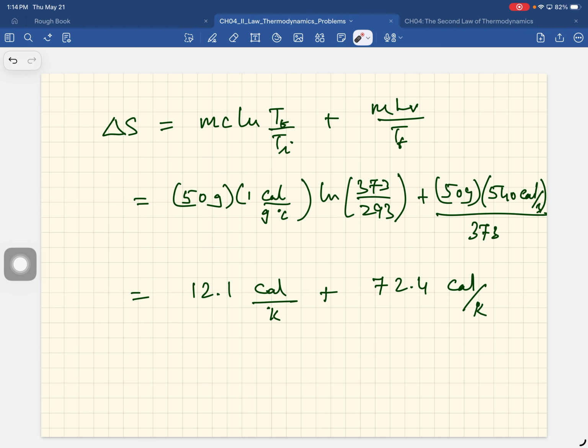So the coefficient of performance of this heat pump is 12.4. What is the coefficient of performance of your refrigerator at home?